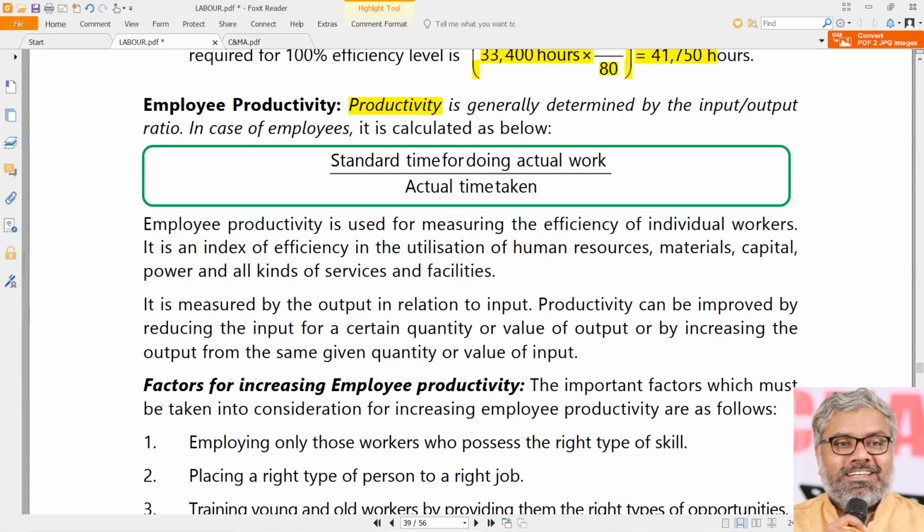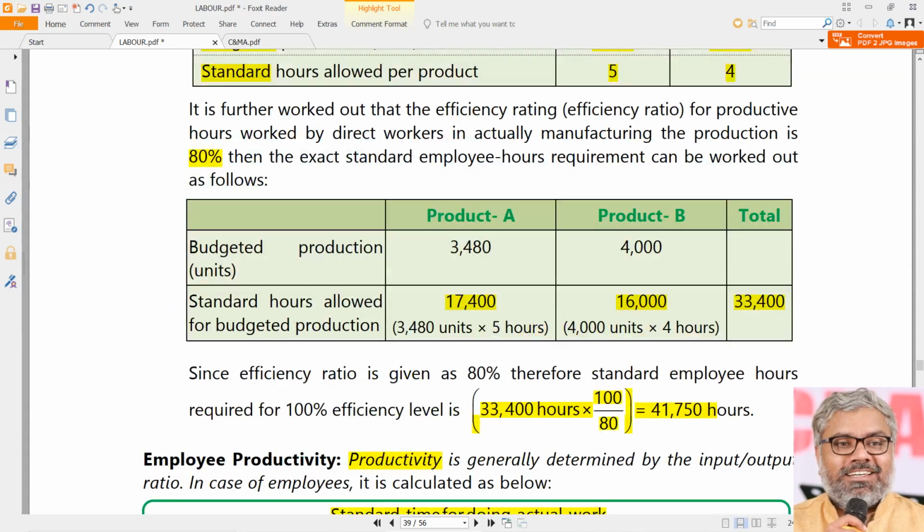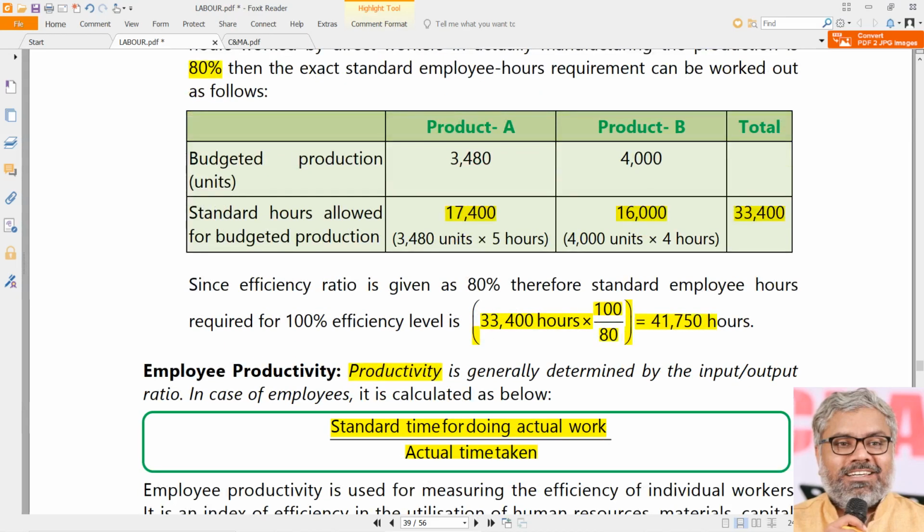So what is going to be the productivity? That can be found out like this. Standard time for doing actual work divided by the actual time that is taken. So here exactly the productivity comes. The standard time taken here is for actual work, not budgeted. Here we never talked about actual because there was only budgeted information given, and we talked about efficiency percentage with that sense of budgeted hours and standard hours being same.